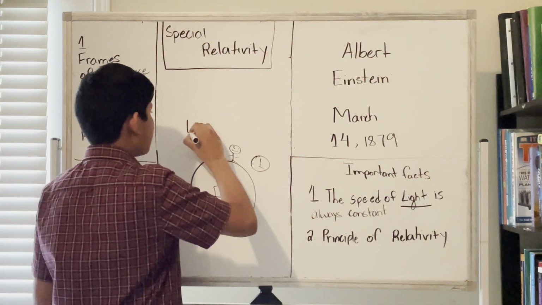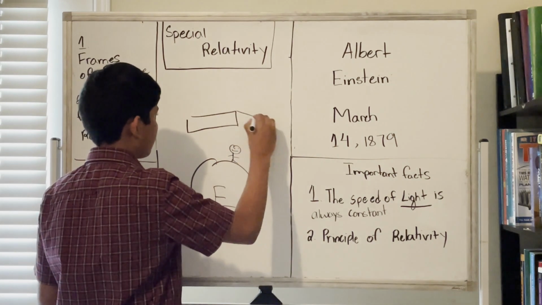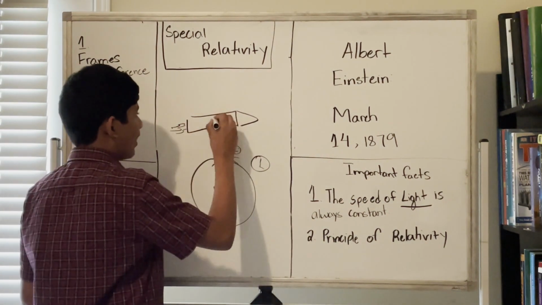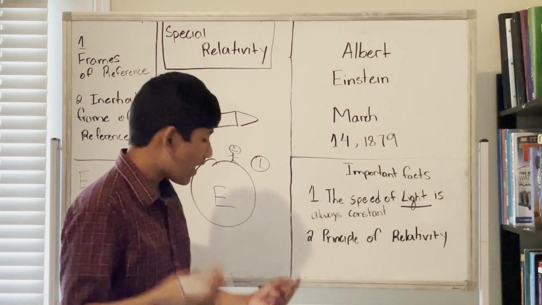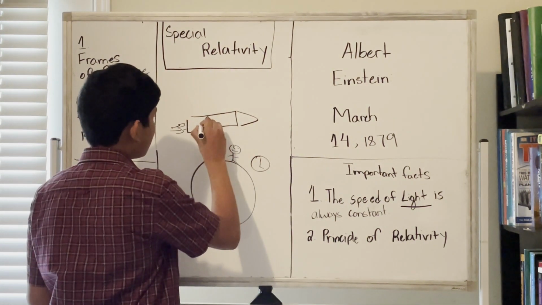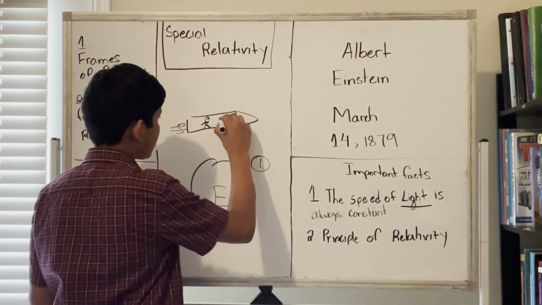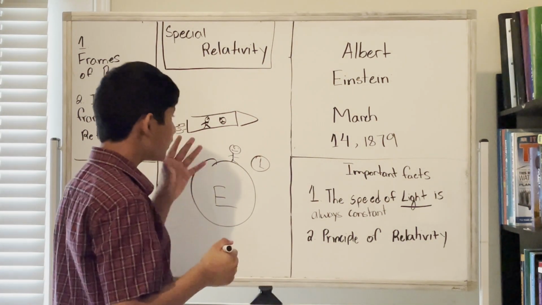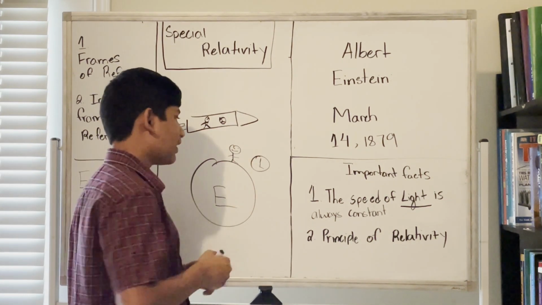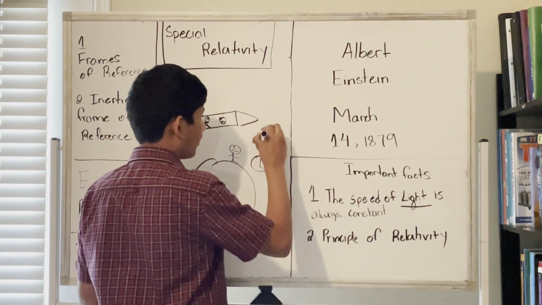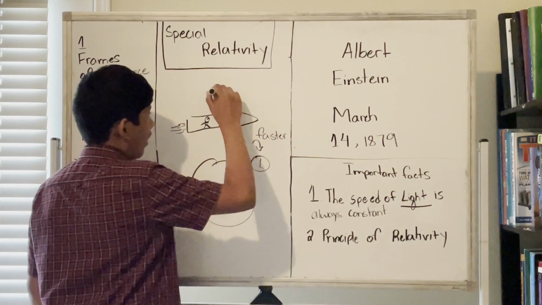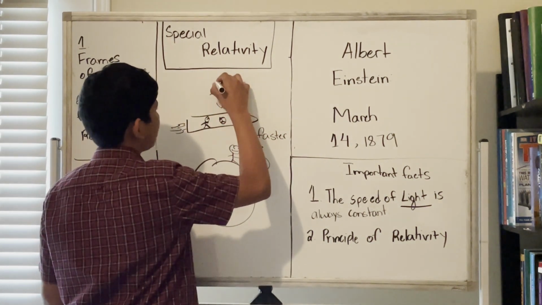But when this clock is moving out in space, in a rocket, and it moves faster and faster, the person over here sees that their clock ticks slower than this clock over here. So the person on planet Earth, their clock ticks faster, whereas the person on the rocket ship, their clock ticks slower.